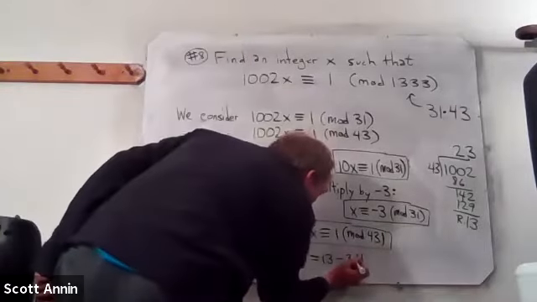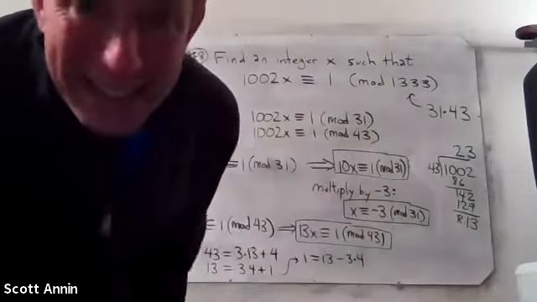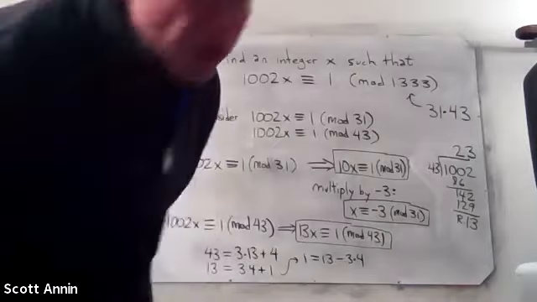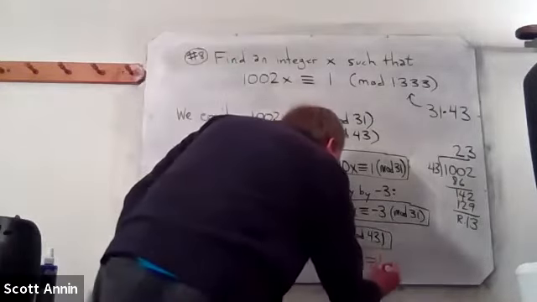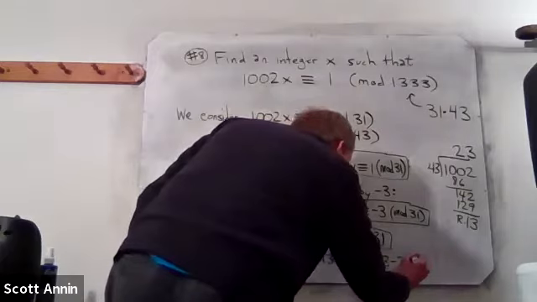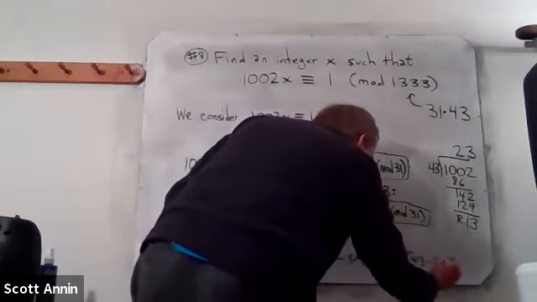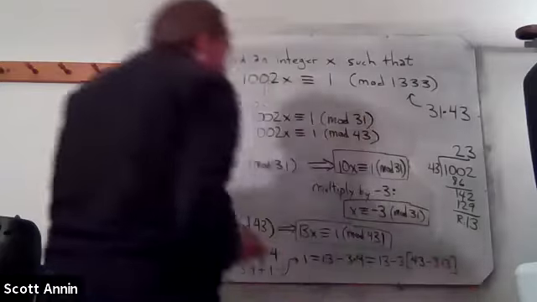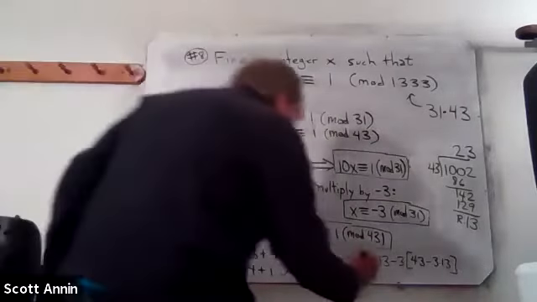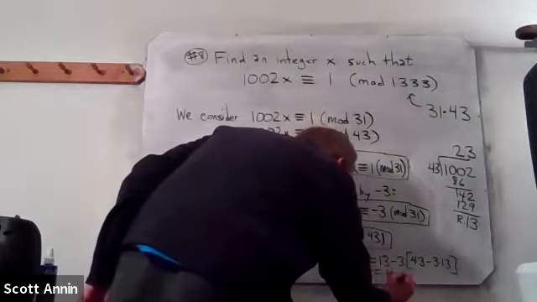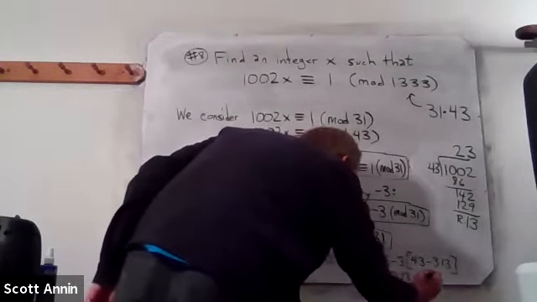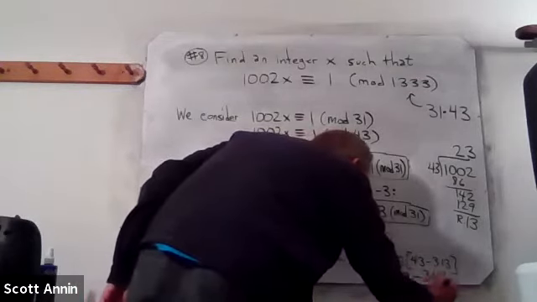Put a little dot here, it's a multiplication. And now I'm going to replace the 4. So I'm going to come over here. This is going to be 4 equals 43 minus 3 times 13. So that actually comes out to be 10 factors of 13 minus 3 factors of 43.